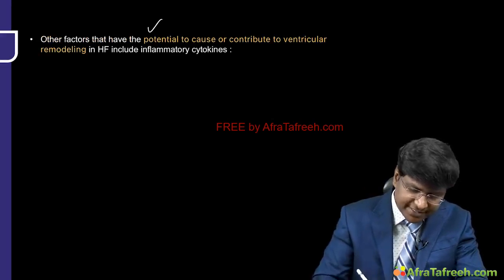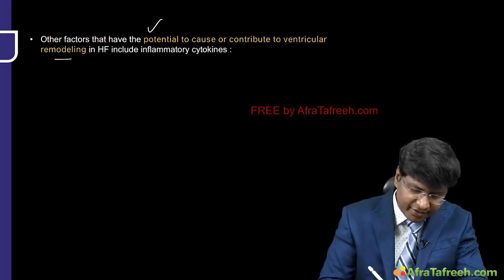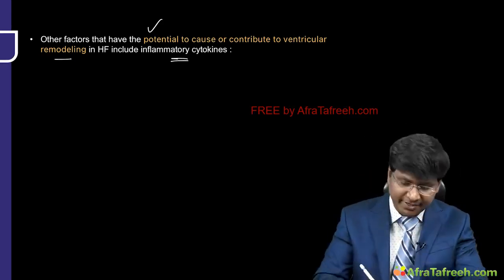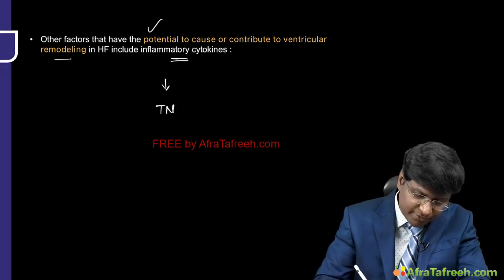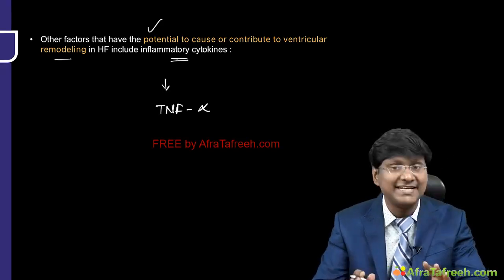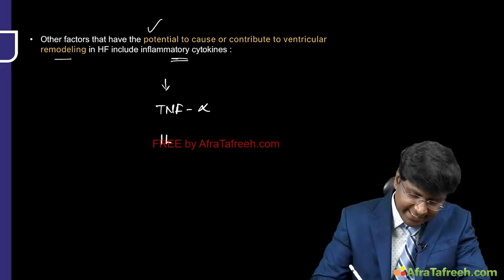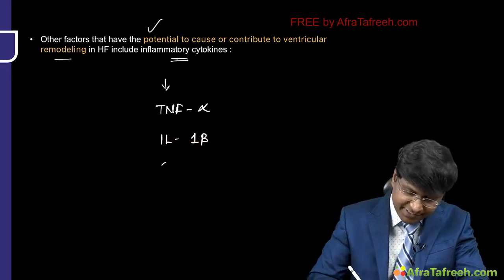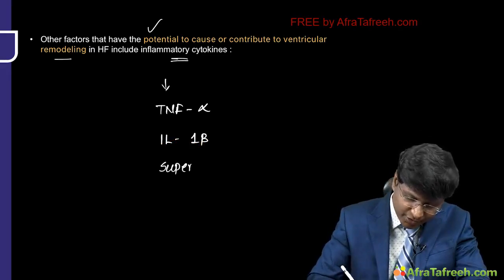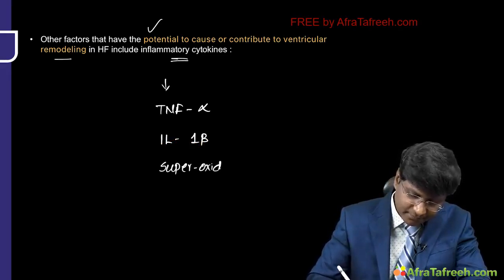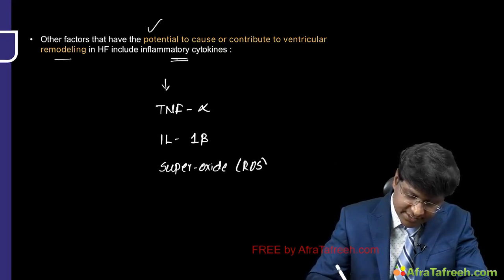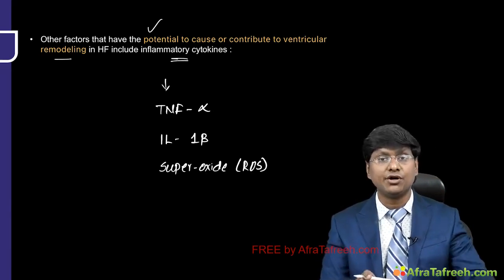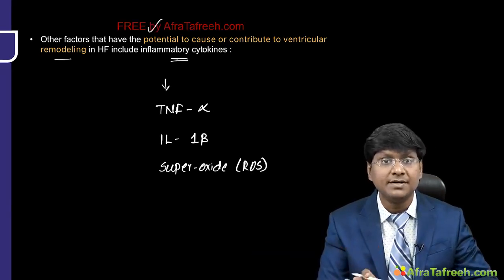The other factors that have the potential to contribute to ventricular remodeling in heart failure include the inflammatory cytokines: tumor necrosis factor alpha, that is TNF alpha, interleukin 1 beta, and reactive oxygen species such as superoxide. These are the inflammatory cytokines which are released, and they also contribute to ventricular remodeling, right?